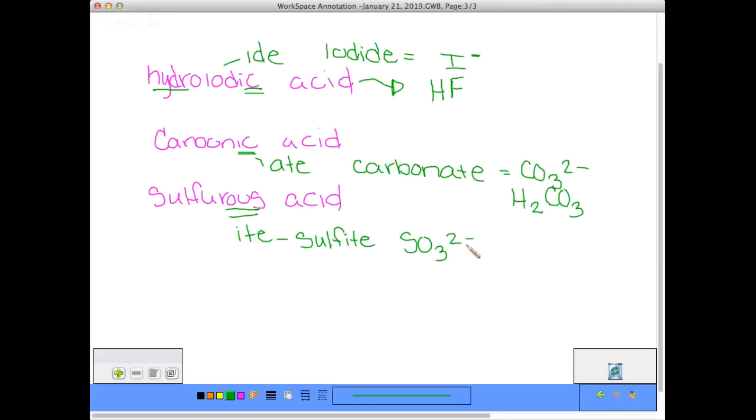You guys can correct me if I'm wrong, but I'm pretty sure it's a 2-. And so what this would be is H2SO3. So notice that that ending tells me what the anion is, the negatively charged particles. And so then I just need to add hydrogen in order to balance it out.